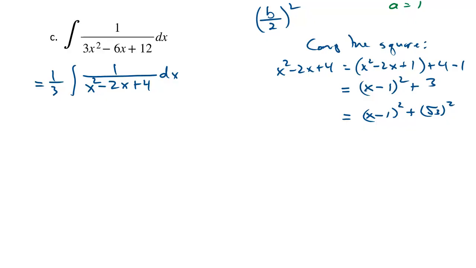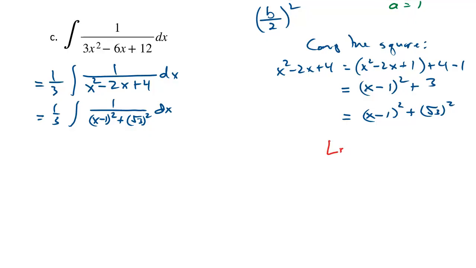Okay, so now when we write the integral, it'll be 1 over x minus 1 squared plus root 3 squared dx. We're still in terms of x here, but we'll change that.